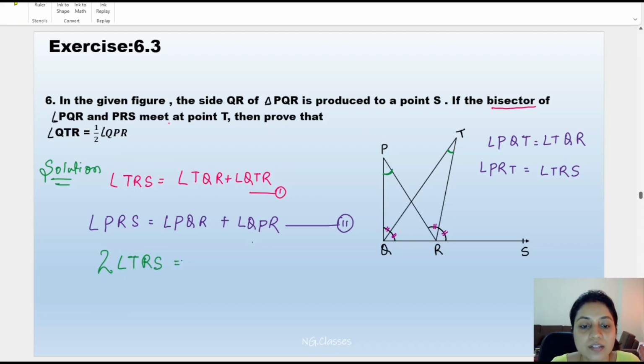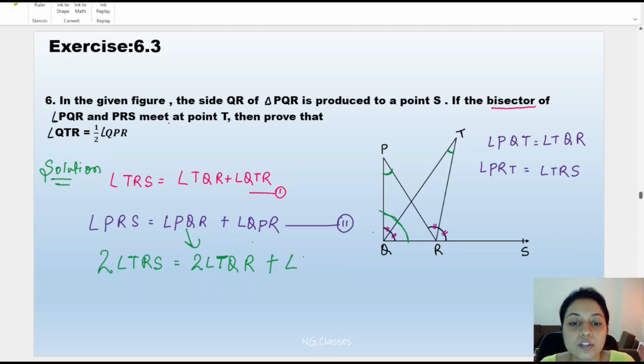So can we write it as 2 times angle TRS, all right? Now at the place of PQR, again the angle PQR is getting bisected. See carefully. So at the place of PQR, can we write 2 times angle TQR? So at the place of this, we can write twice of angle TQR plus angle QPR.